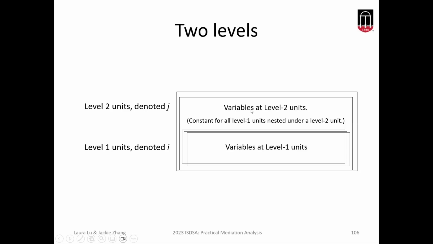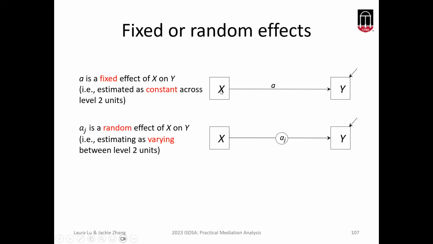For the same level 2 unit, all level 1 units have the constant value. For example, the professor or the instructor. For the same class, all the students share the same instructor at the same level 2 unit. Although the individuals are different, their instructors are the same, a constant for all level 1 units nested under a level 2 unit.